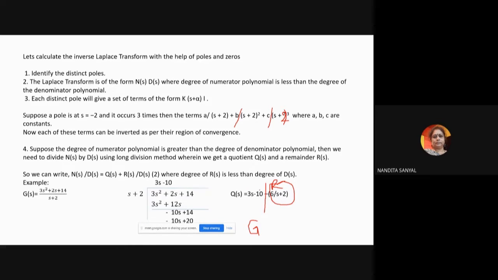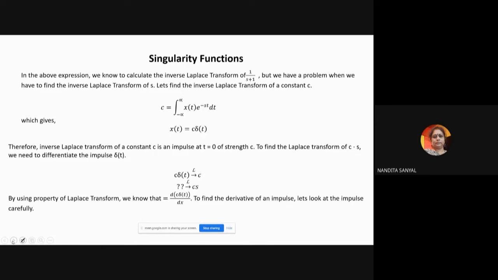Now there are these two terms which will make a problem for us when we want to take the Laplace inverse. We know that when we take the Laplace inverse of a constant, we get the delta function. But there is a problem with the term having s.